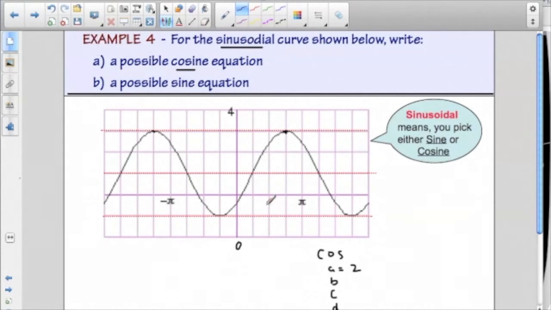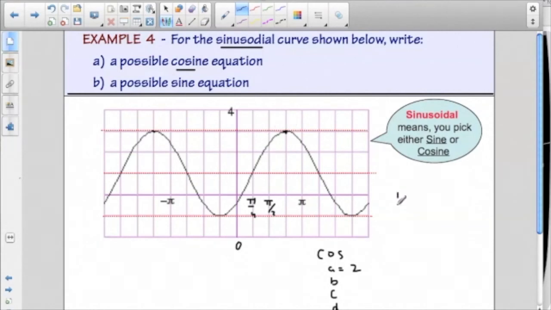So this is pi over 2, and this is half of pi over 2, which is pi over 4. So what I've just done here is done a scaling. Each of these ticks are pi's over 4. See, 1 tick is pi over 4. So let's just count the number of ticks. 1, 2, 3, 4, 5, 6, 7, 8.